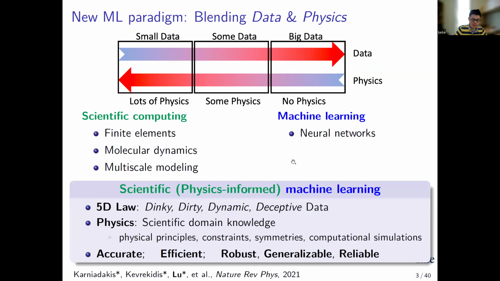So by combining both the data set and the physics together and developing different scientific machine learning methods, we aim to have a method that can be more accurate and efficient. And more importantly, in this talk, I will emphasize a lot on the robustness of the method, to be generalizable and also reliable. So this is the overall idea of physics-informed machine learning and what we try to do.